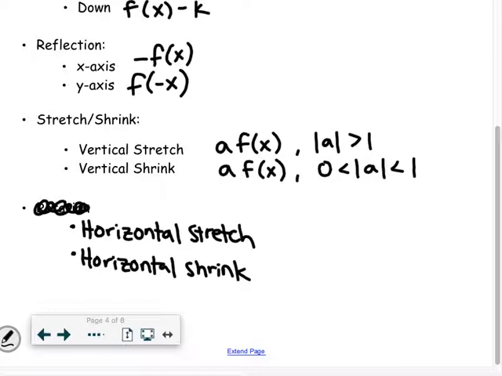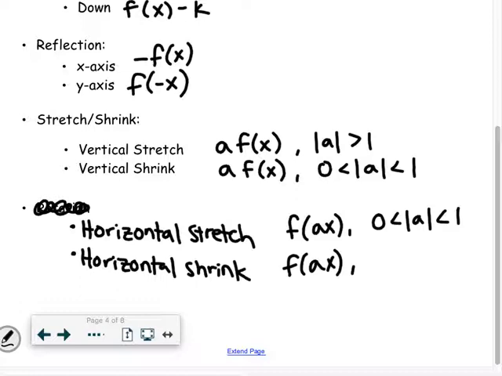So instead of having A multiplied by y, then A multiplies by x. So we're going to have the function of A times x when 0 is less than the absolute value of A, which is less than 1, or f of A times x when absolute value of A is greater than 1.